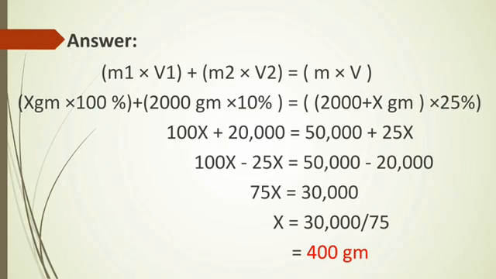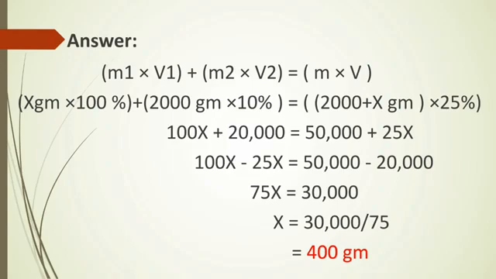We have to find out the quantity of substance X, so we can assume M1 as X, and the V1, the percentage, is 100% since it's pure. So X gram into 100% plus 2000 gram of 10%, that is the second mixture.